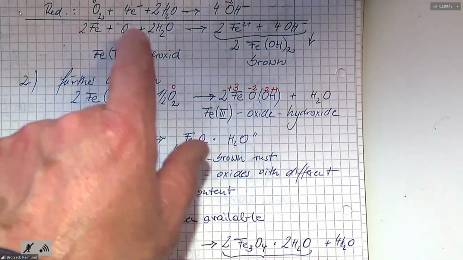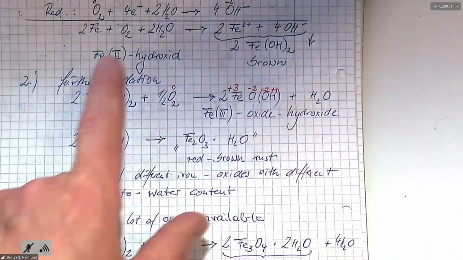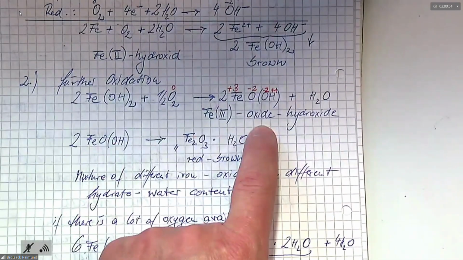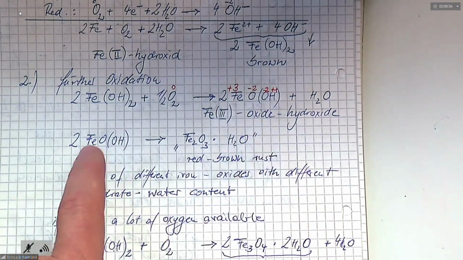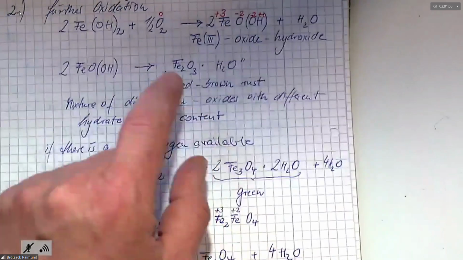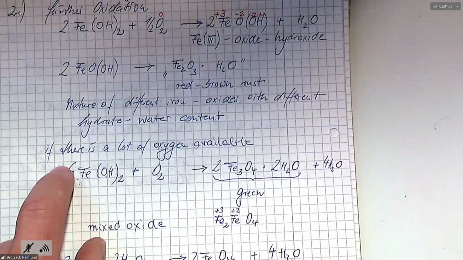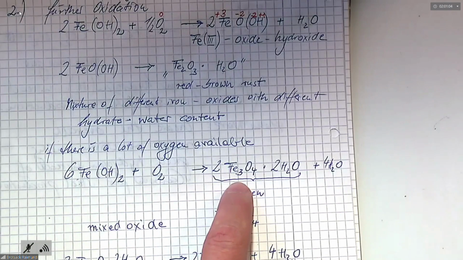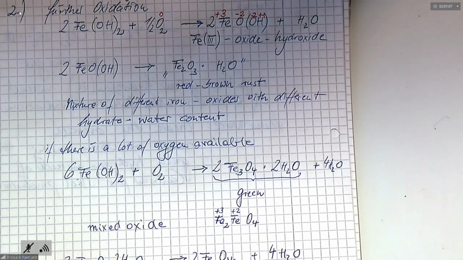But it starts to build the brown hydroxide, then the iron 3 oxide hydroxide transforms into the iron 3 oxide, and this can be further oxidized to form the green or black mixed iron oxide.